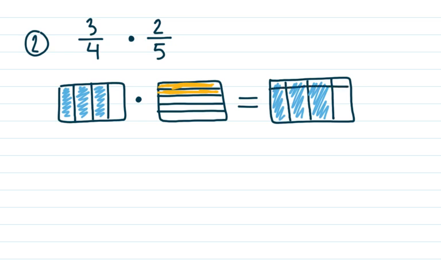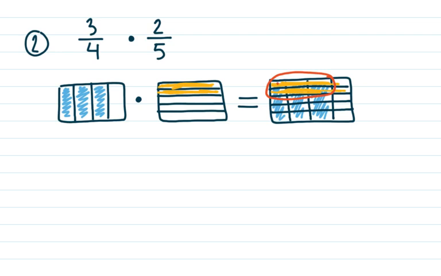So 1, 2, 3, 4. So there's my 5ths, and I'm going to shade 2 of those in. Now this overlapping area, I know it's kind of hard to see, this overlapping area right here is going to be my answer.